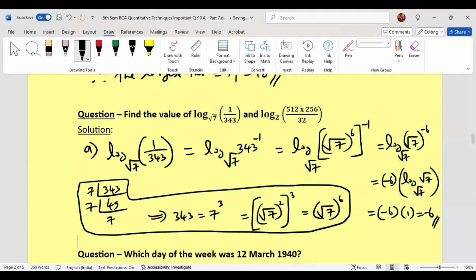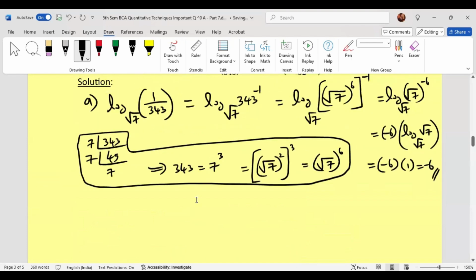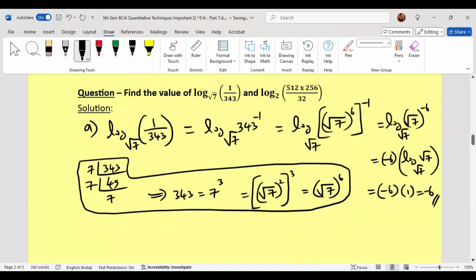Now let us move on to the second part. The second part is finding the logarithm of 512 into 256 divided by 32 to the base 2.